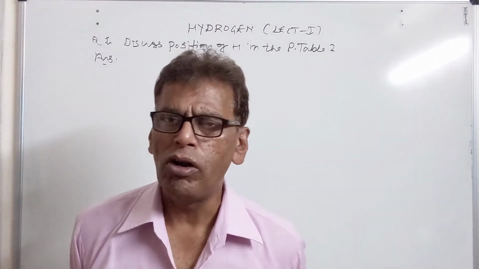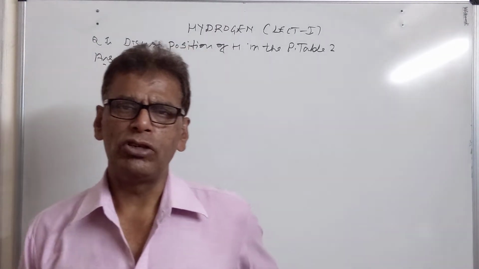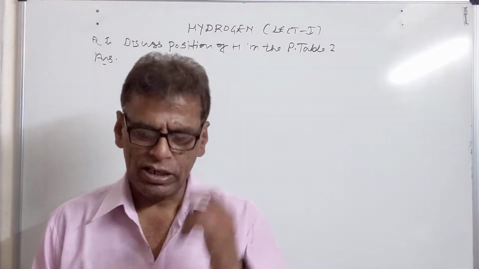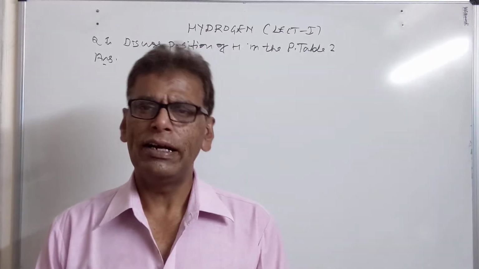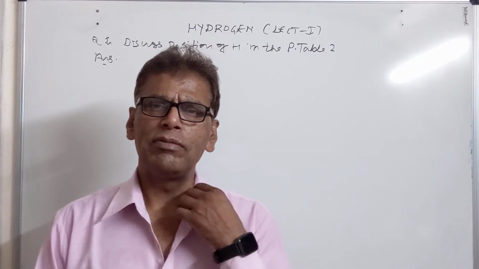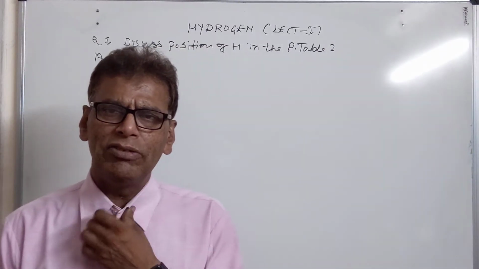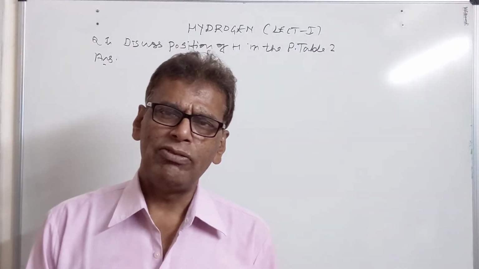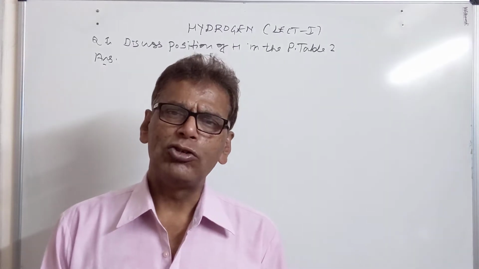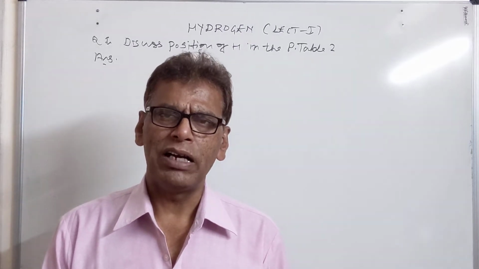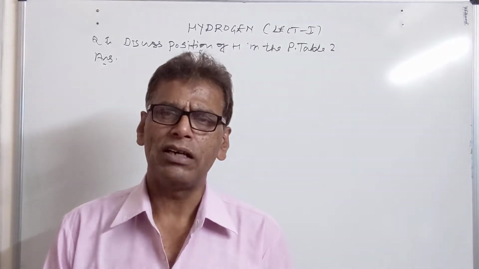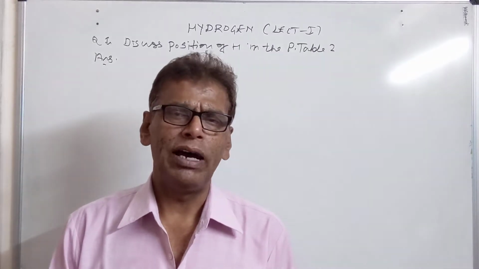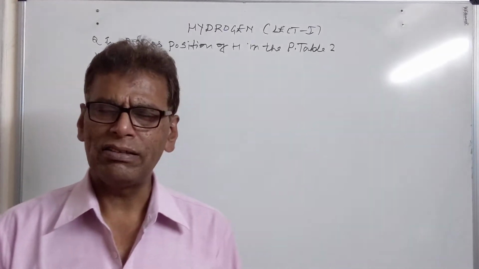Now there was a problem: where to place hydrogen in the periodic table. It was seen that hydrogen shows properties similar to alkali metals as well as those of halogens. Therefore it was thought that it should be kept along with the alkali metals because alkali metals also have one electron in the valence s subshell and hydrogen also has one electron in the valence s subshell.